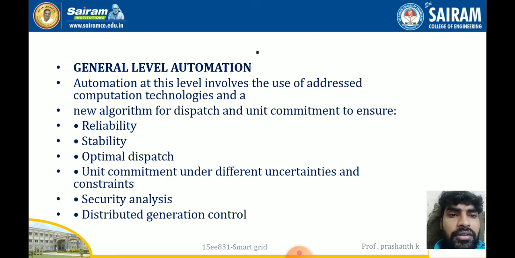Unit commitment, in the sense, means that if a certain amount of power is required, that should be produced in the generating stations. So that also we are going to discuss in the next topics. Security analysis also must be there.